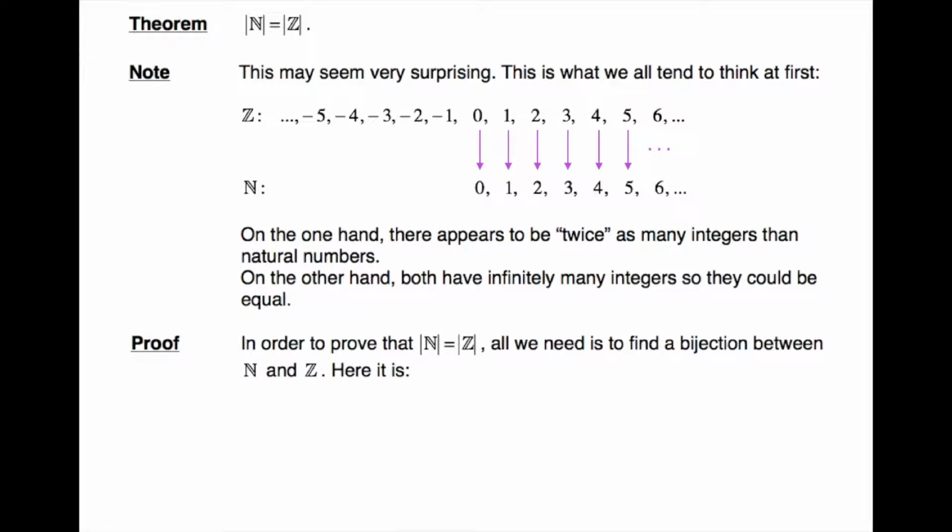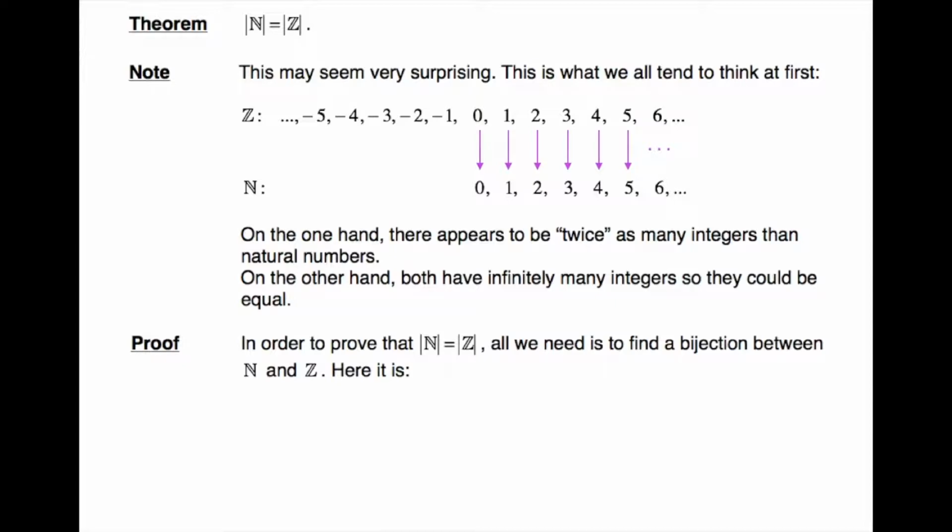So on the one hand, there appears to be twice as many integers as natural numbers. So in that case, it would mean that they have different cardinality. On the other hand, you could also argue that since there are infinitely many integers and infinitely many natural numbers, then infinity has to be the same, and therefore they have the same cardinality.